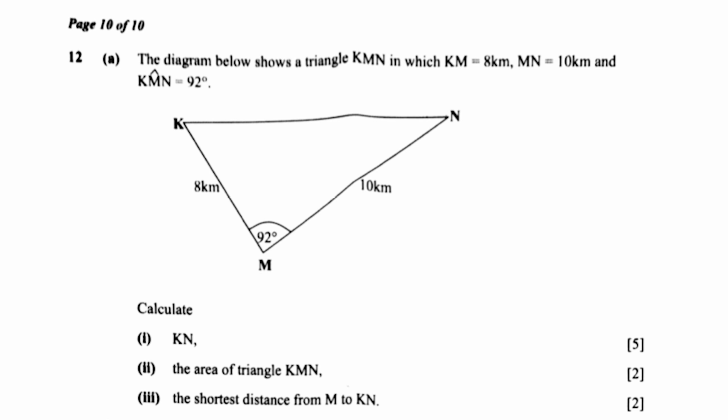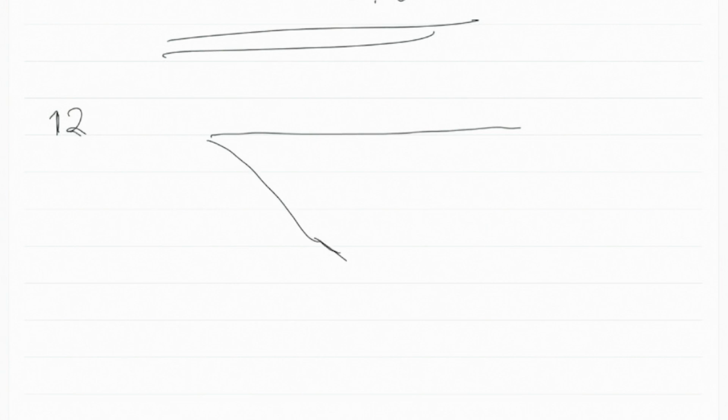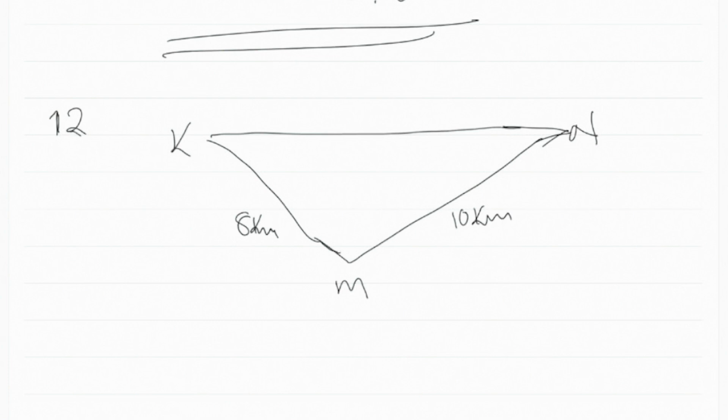Let's just have the sketch of this diagram. We have K here, N here, and M here, and we've been given that KM is 8 kilometers, while MN is 10 kilometers, and the angle in between is 92 degrees.